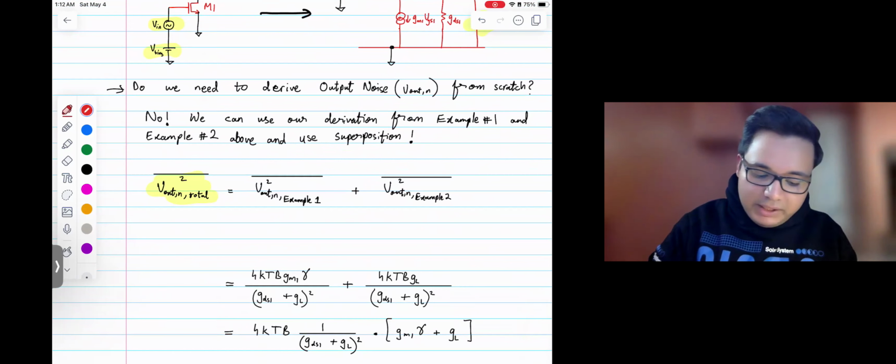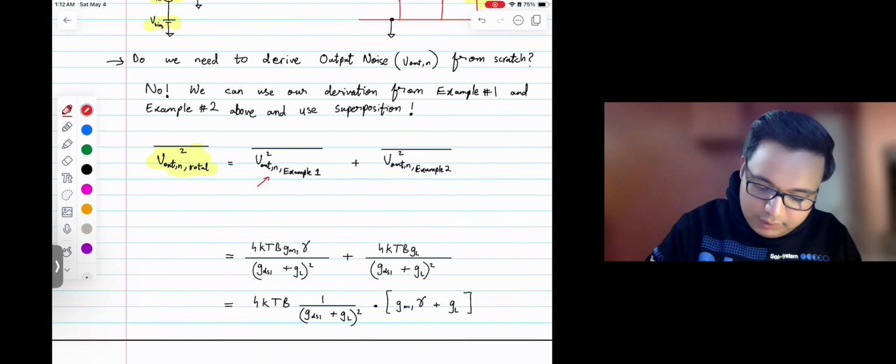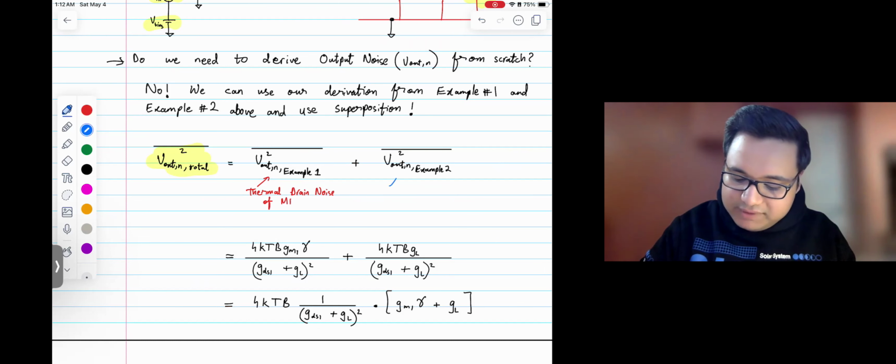So this would be a sum of the output noise from example 1, which is due to the thermal drain noise of M1. And for example 2, it was due to the thermal noise of the load resistor RL.